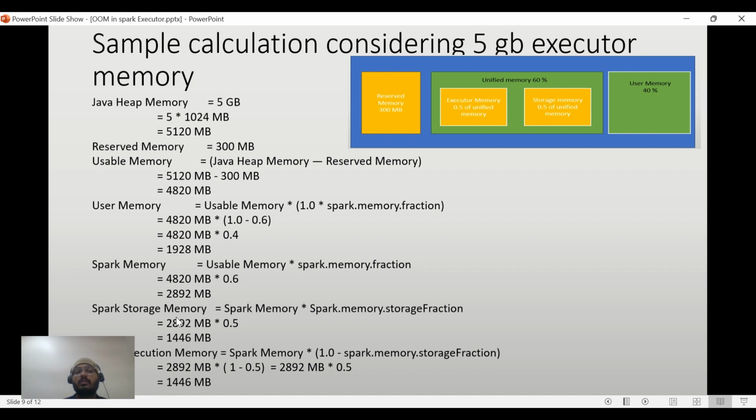Then the storage memory will be 1446 MB, and execution memory will be 1446 MB. 0.5 each, right? It is divided equally. So this is nothing much. There might be a question like explain how 5 GB of executor memory is divided, and that is the first question which we discussed: explain how the executor memory is divided.